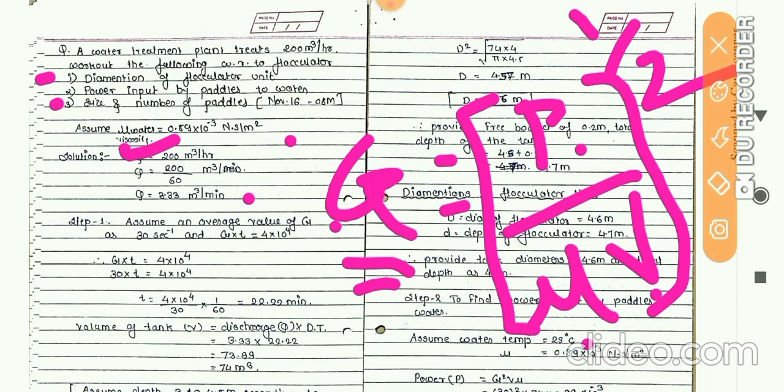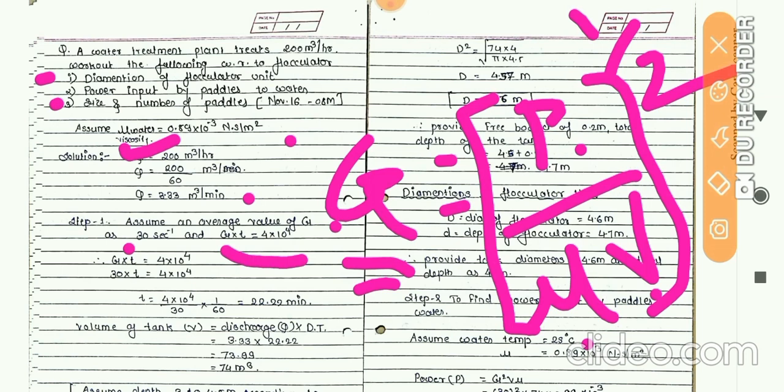So as per the consideration for rapid mixing, the product G into T should be between 30,000 to 60,000. So here we are assuming G into T product ratio 4 into 10 raised to power 4, that is 40,000, and a small value of G is 30 per second.